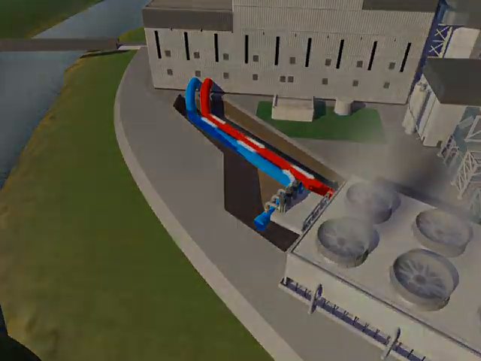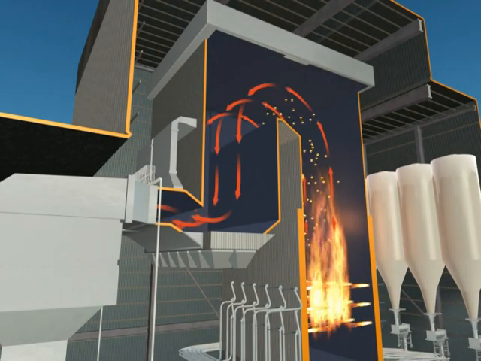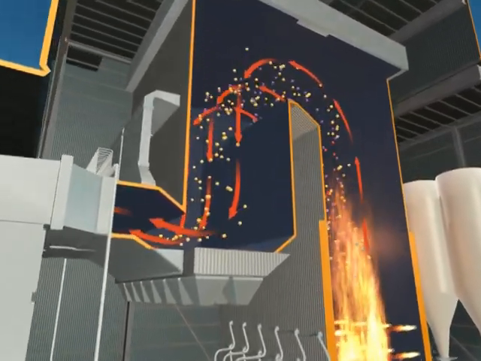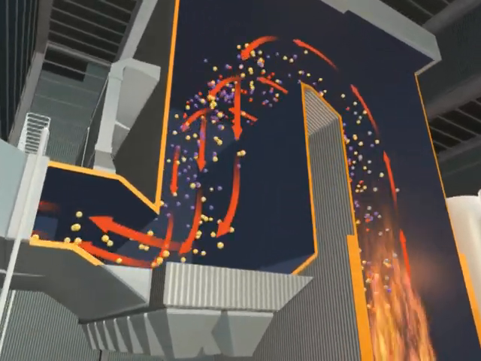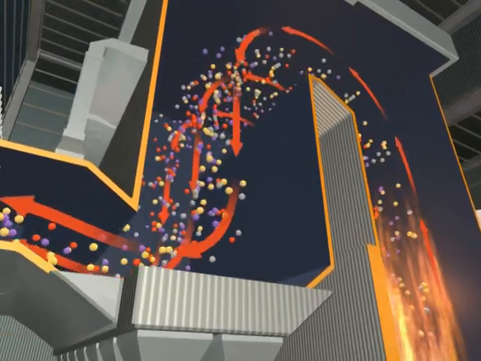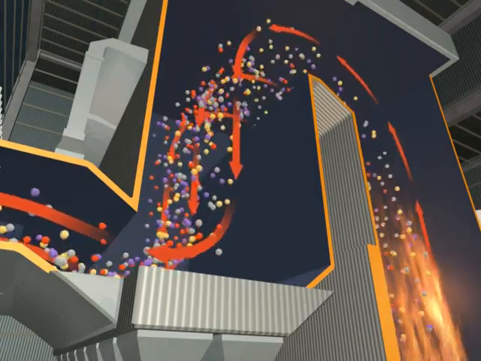Hot exhaust gases from the burning coal-air mixture contain regulated emissions such as nitrogen oxides, sulfur dioxide, mercury, and particles of ash. Before the gases are released into the atmosphere, they go through several processes to remove these materials.